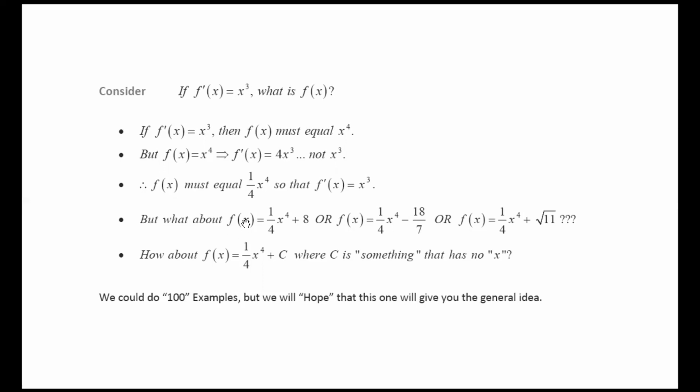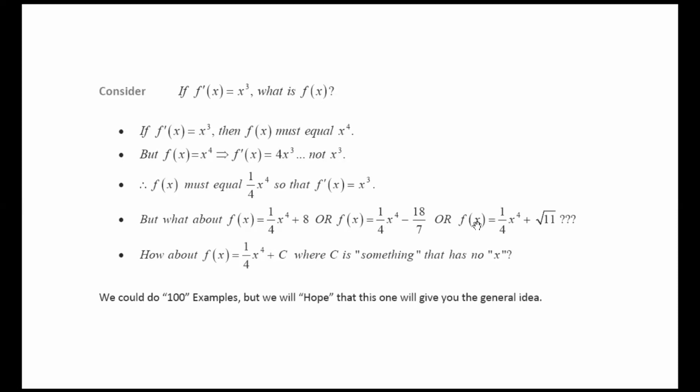However, consider f of x equals 1/4 x to the fourth plus 8 and find f prime of x. That also gives you x cubed. Or f of x is 1/4 x to the fourth minus 18/7. The derivative of negative 18/7 is 0. That also gives you x cubed.